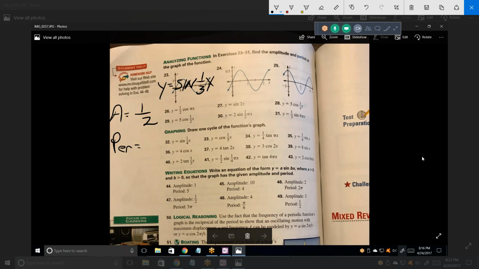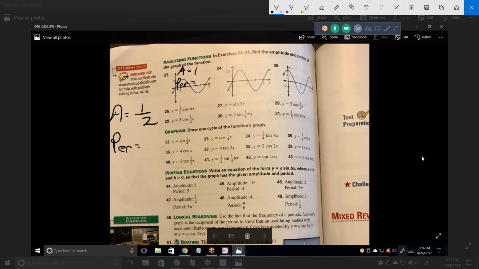Second of all, they don't really want it. They didn't want the equation, so let me erase that. They wanted the amplitude and the period. We gave it to them. The amplitude was 1, the period was 6 pi.